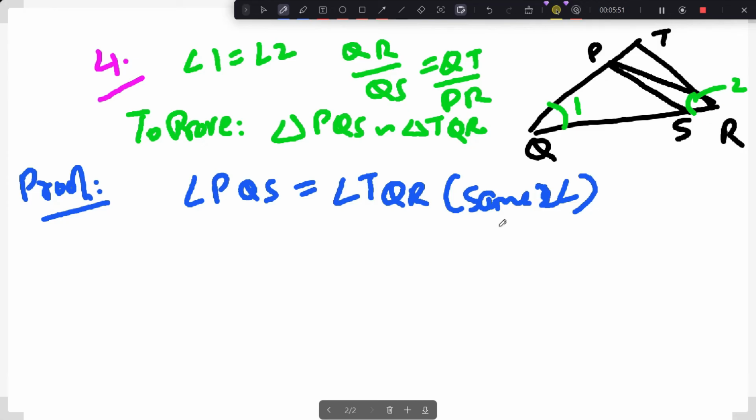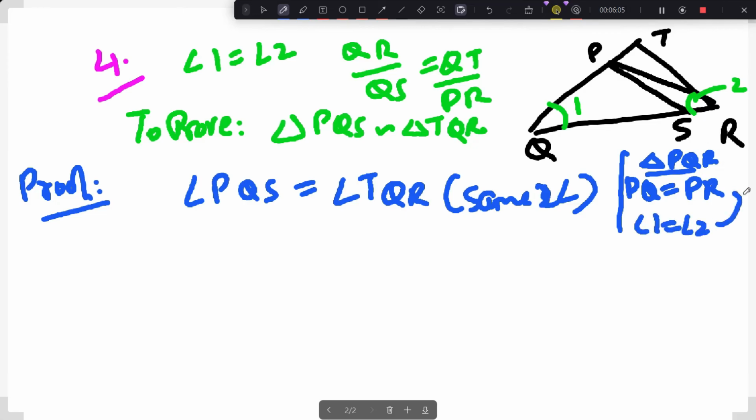Now we also know that PQ is equal to PR if we look at triangle PQR. How do we know? Because it's given that angle 1 equal to angle 2 and hence PQ is equal to PR, like this and this are equal. Okay.